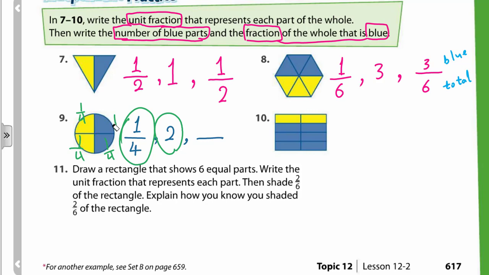So the blue is how many fourths? How many fourths are blue? Blue, not all. How many fourths are blue? 2. 2 what? 2 fourths. Say it. 2 fourths. 2/4. Okay, thank you, my hero.